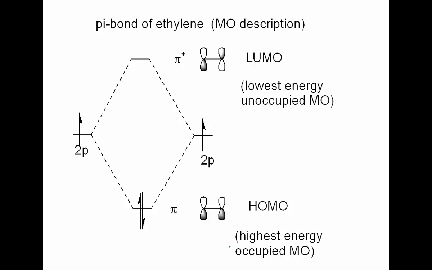We are just looking at the pi bond. Okay, the pi bond comes from overlap of a p orbital at each carbon, and each of these p orbitals would have a single electron. So these two here are our atomic orbitals. Okay, these are, on the side here, the molecular orbitals.